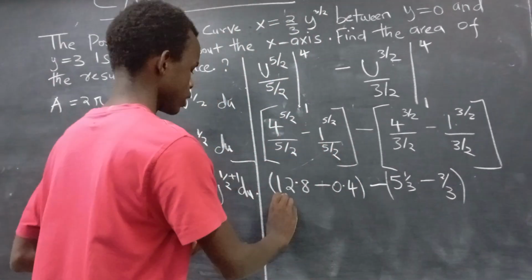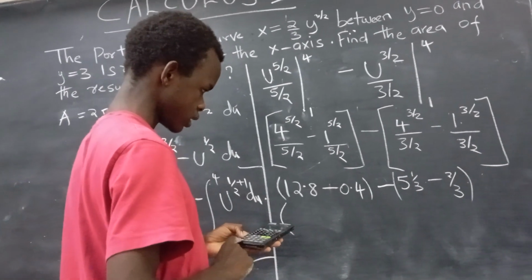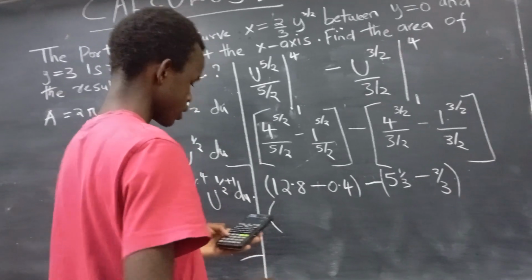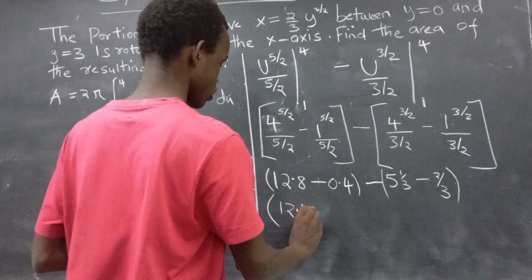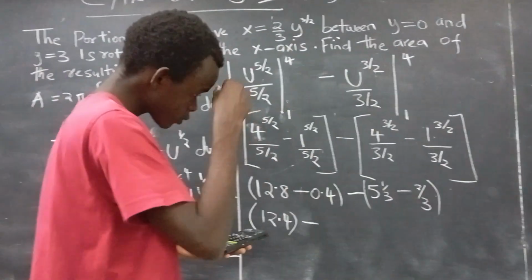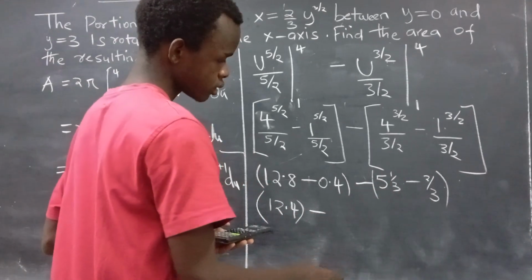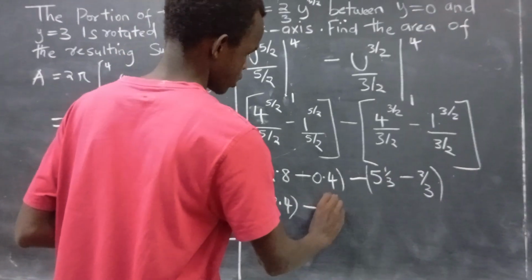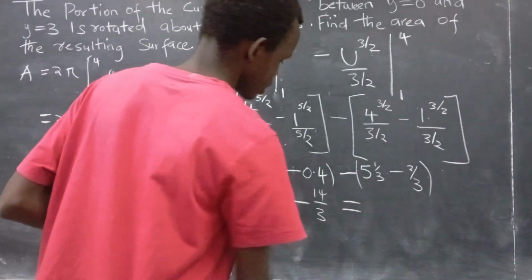So from here I will get my answer as 12.8 minus 0.4, I'll get 12.4, okay, minus this, so this is the same as 16 over 3, so I'll just get minus 14 over 3.